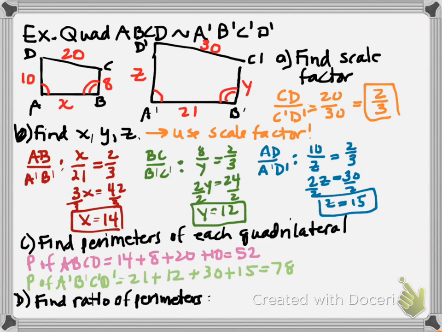What we're going to do is put the perimeter of A, B, C, D over the perimeter of A prime, B prime, C prime, D prime. And that's going to give us the 52 over 78.